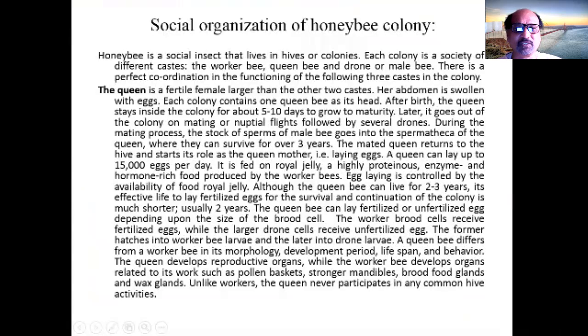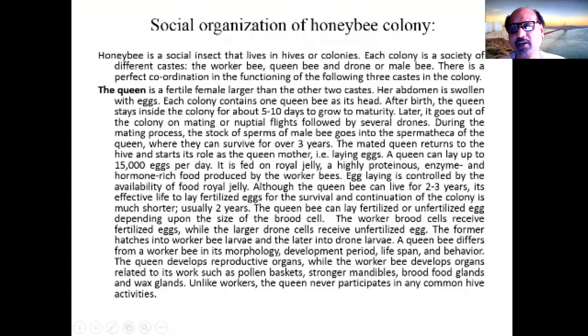Now we are going to study the social organization of honeybees in a colony. The honeybee is a social insect, and from the bees we have also studied socialism. Human beings observe socialism in the bee and mimic it, or follow the bees.